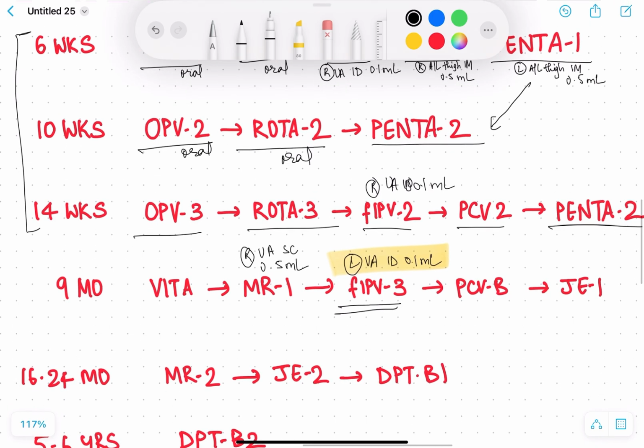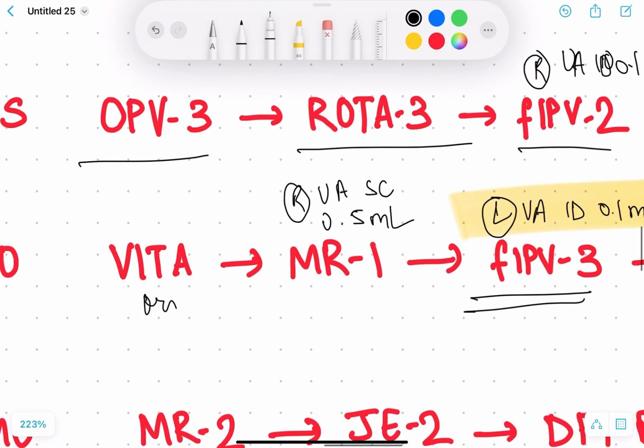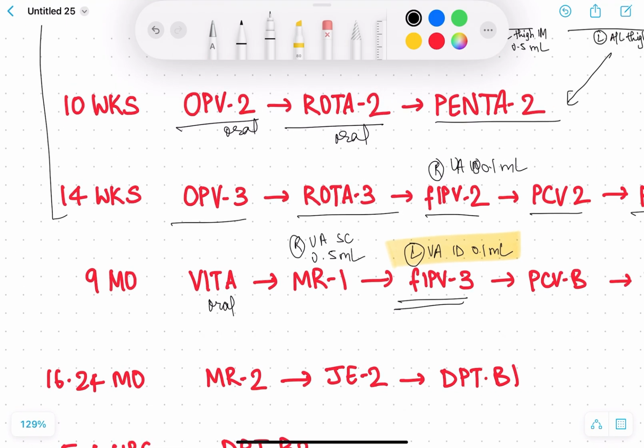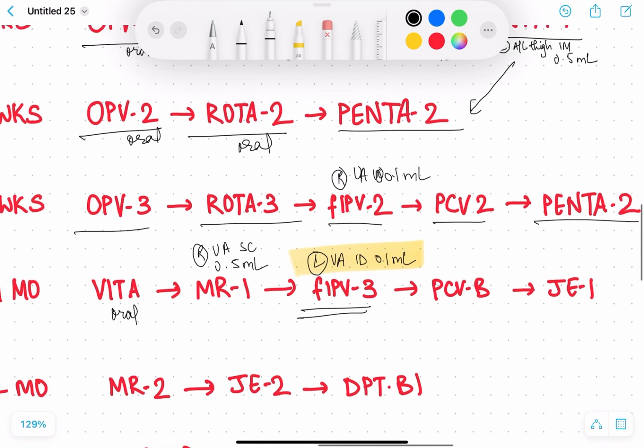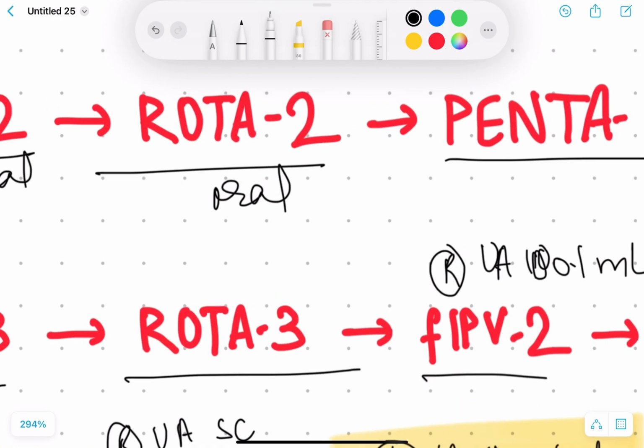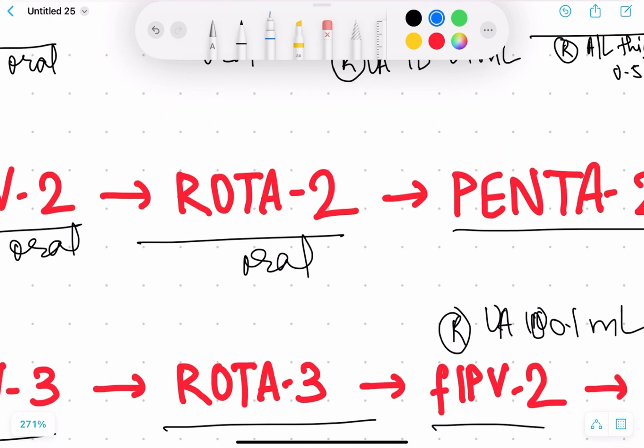At 9 months you are also going to start with vitamin A, which is going to be oral. Now you are not going to give Penta, you now come to MR1, right, which we've already discussed. You are going to give right upper arm subcut 0.5 ml. One thing I forgot was that the side effect of Rota is going to be intussusception.